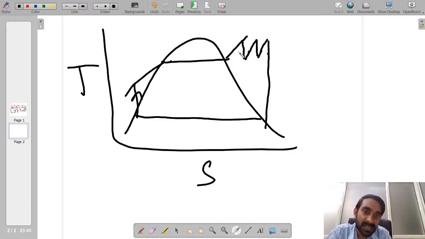So the reheat temperature over here is actually more in comparison to the temperature inside the liquid vapor dome. So ultimately it will try to increase the mean temperature of heat addition during the overall process.